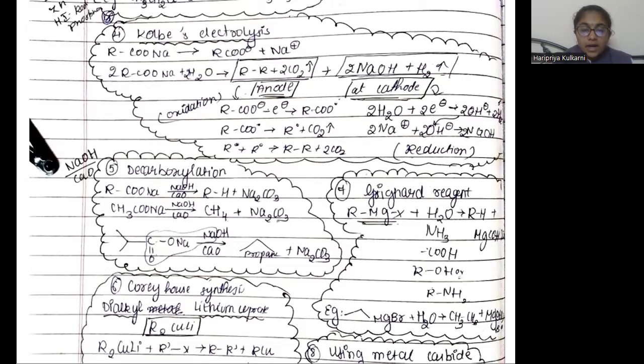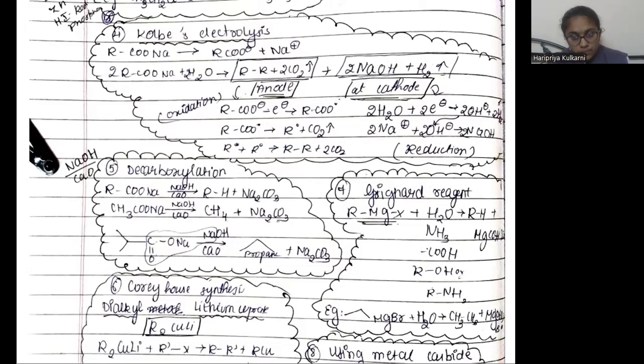If I add 2 alkyl radicals, as in homolytic fission, we know that when we add 2 radicals we get a bond, so here we will get an alkane, a bond between 2 alkyl radicals. The final products we get are R-R and 2 moles of CO2.